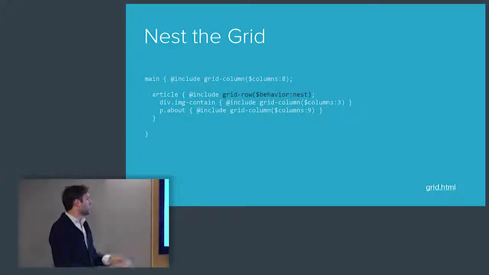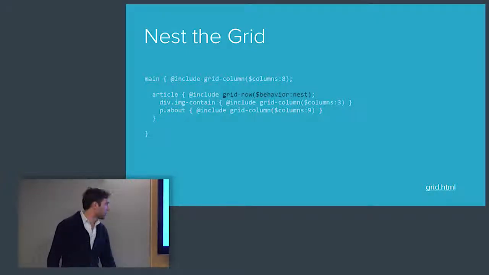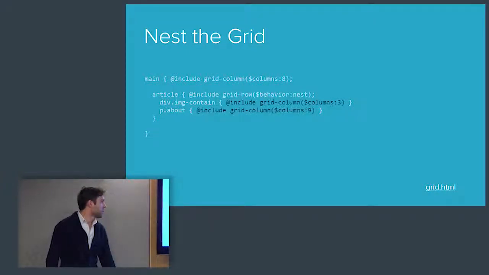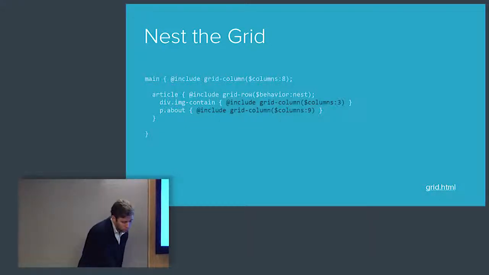But the article, we're going to include the grid row mixin, and we're going to pass the behavior of nest. What this is going to do is tell the row to shrink down and behave as if it's nested. And then within there, we include our grid column mixins just like normal. You don't need to pass anything else to them. So it still equals 12, even though it's nested in 8.